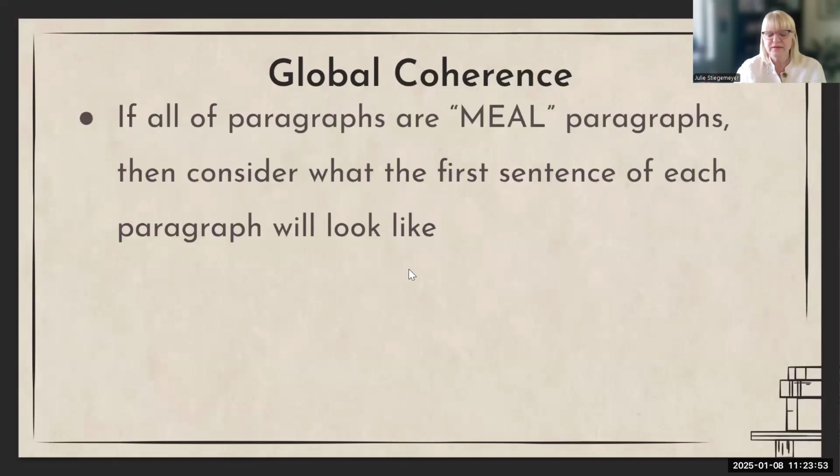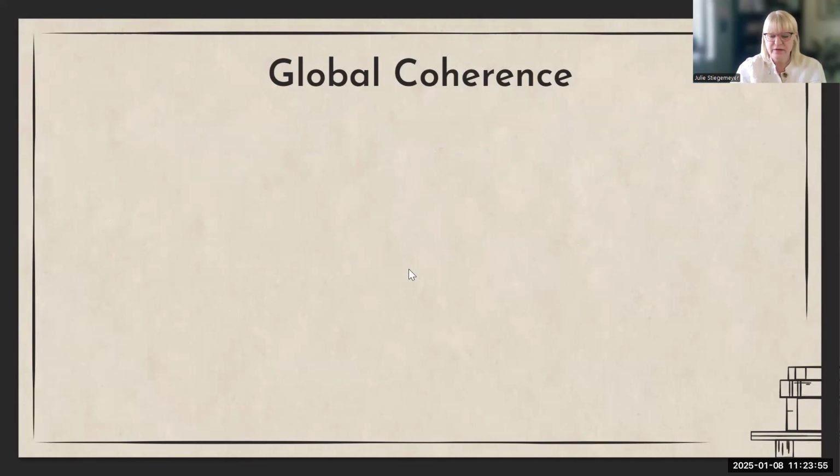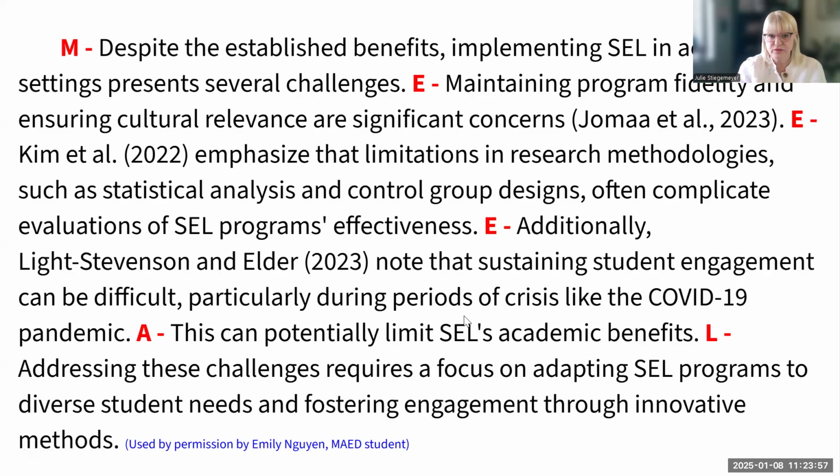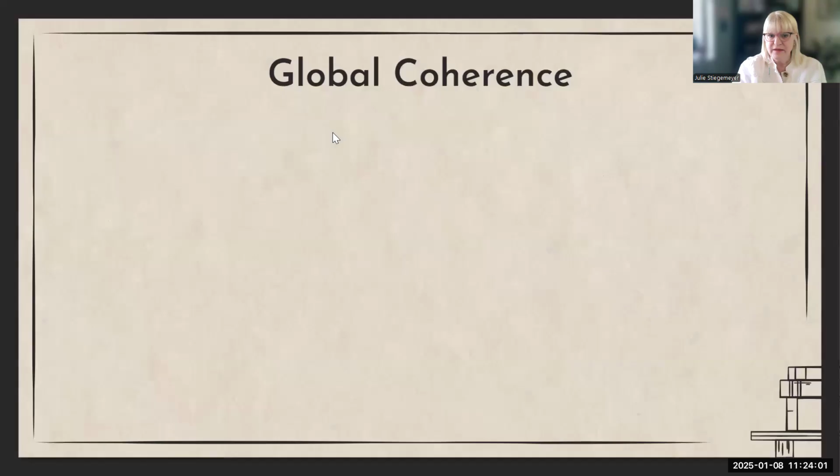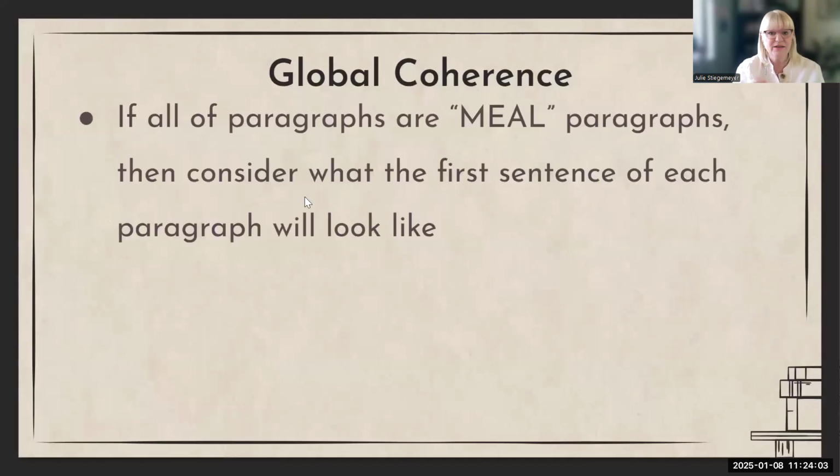So think about this. If we had all paragraphs that had this kind of a structure with a very clear main idea, then think about how easy it would be to skim a paper. So remember, you're always trying to make the process easy on your reader. And that's for readability level, for one.